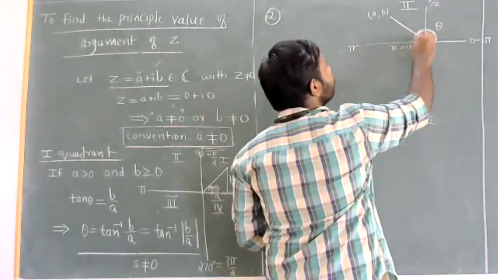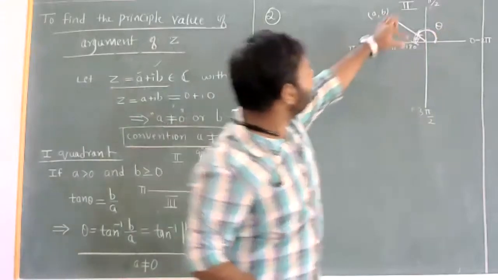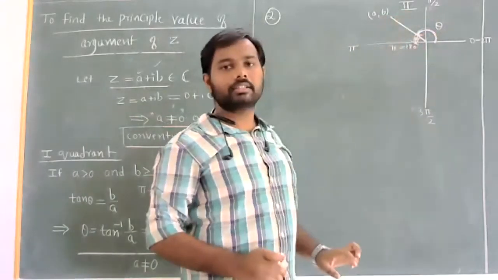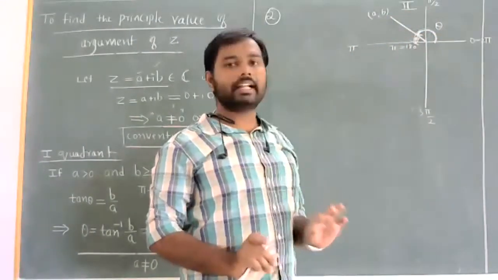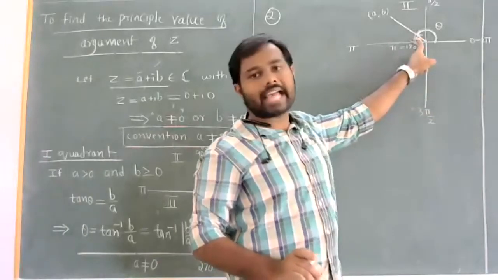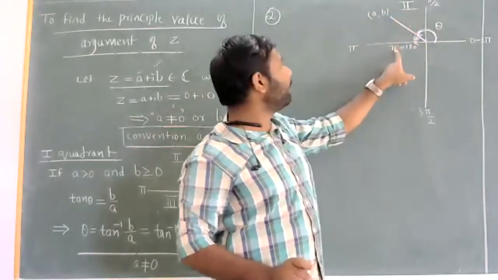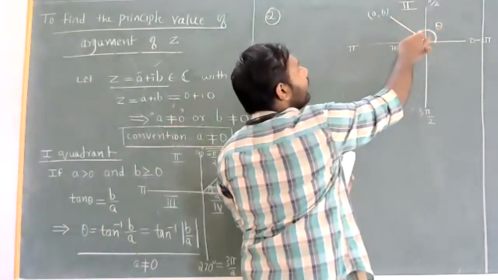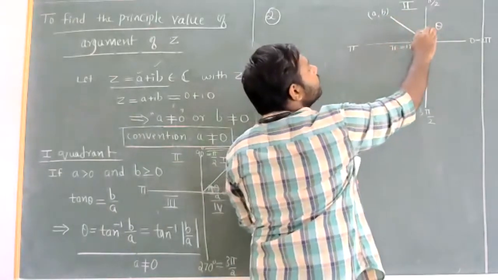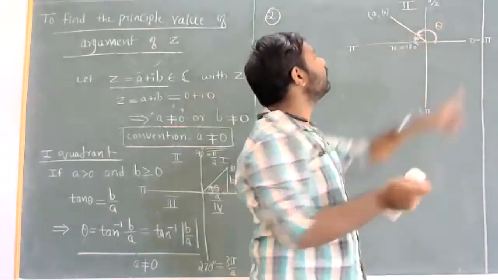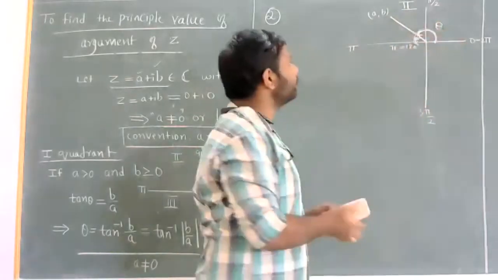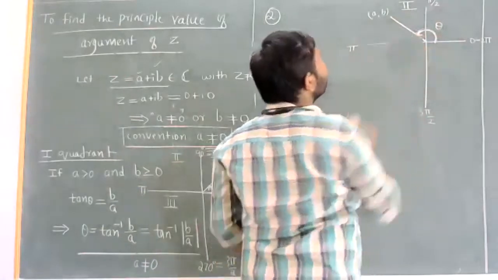That means I have to remove this part. So it is enough to find this angle. If we can find this angle, remove that from the total angle pi, and you will be left with the required value. And now the question is how to find that angle.